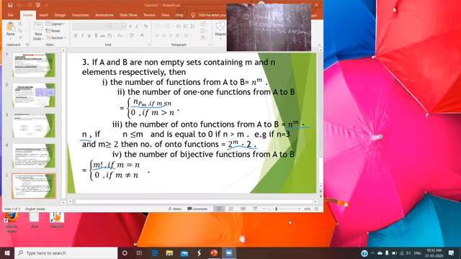Find its value: f(x1) is the square of -2, which is 4. f(x2) is the square of 2, that is also 4. So x1 is not equal to x2, but the values of the function are the same, so f is not one-one.